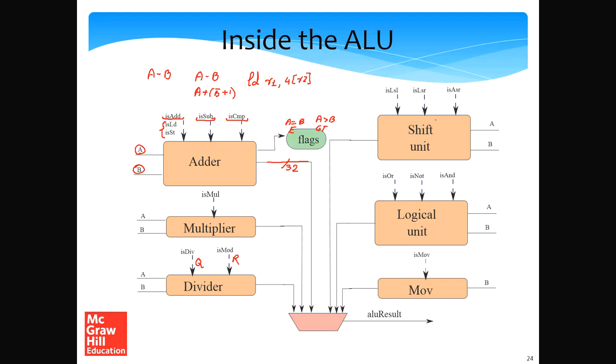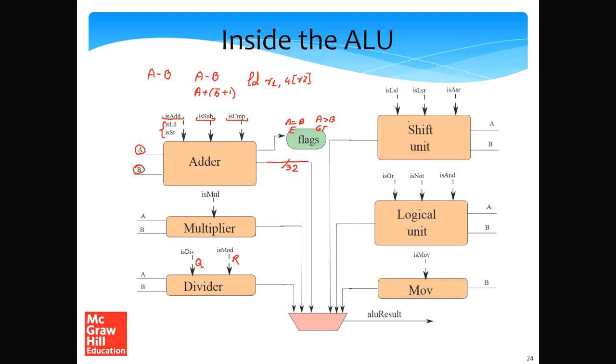Then we have a shift unit, which can shift the value. So here, A denotes the particular register that contains the value, and B contains the shift amount. So we can shift it either a logical left shift, or a logical right shift, or an arithmetic right shift.